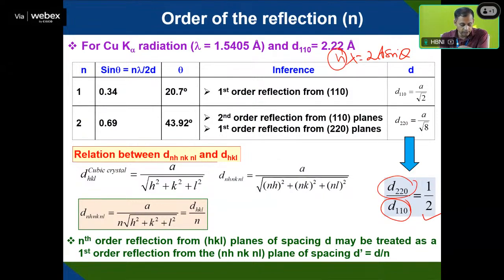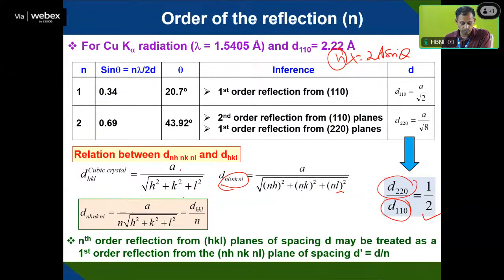That means in a cubic relationship, you have d cubic. So for a first order plane, it is equal to a by the square root of h square plus k square plus l square. If it is the nth order plane, nh, nk and nl, it is a by the square root of nh square plus nk square plus nl square.